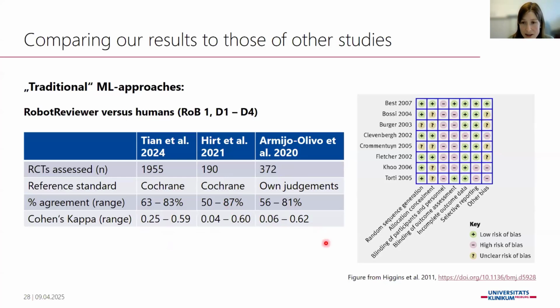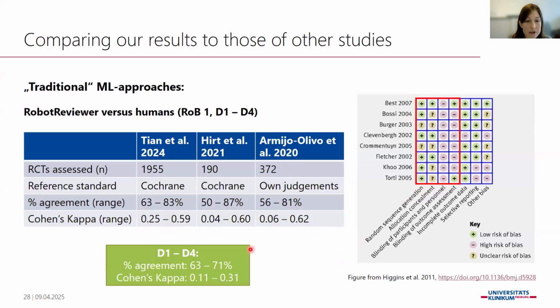And I have to add that all of these 3 studies concentrated only on the first 4 domains of the risk of bias tool. And if you compare it to our results for the first 4 domains here, agreement is maybe quite comparable, but Cohen's kappa values were lower in our testing.